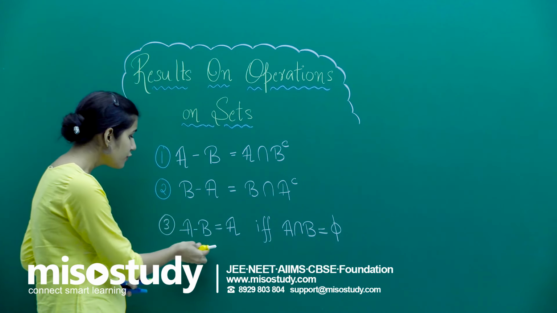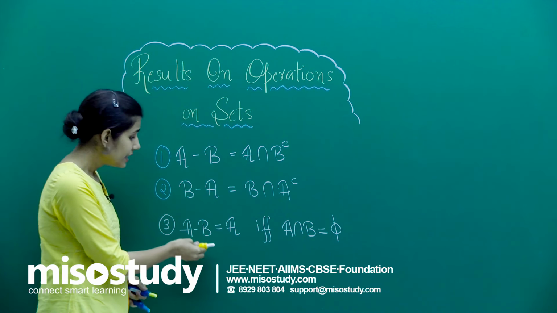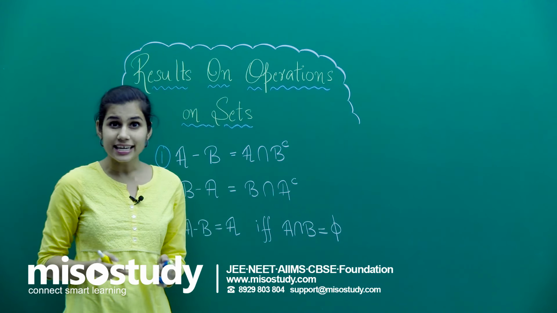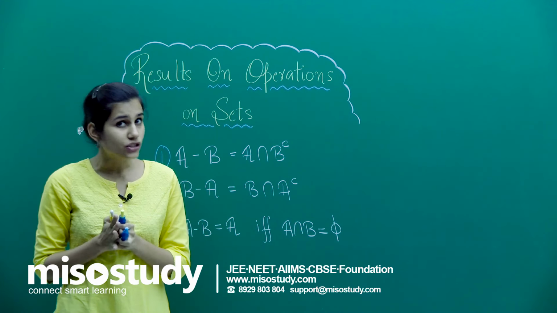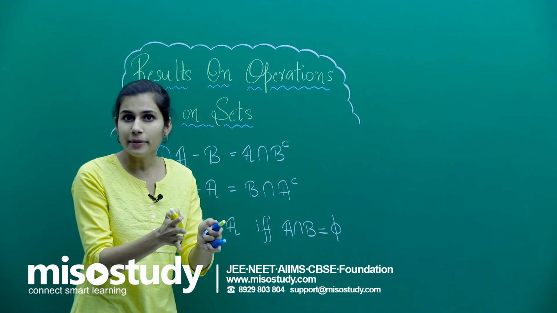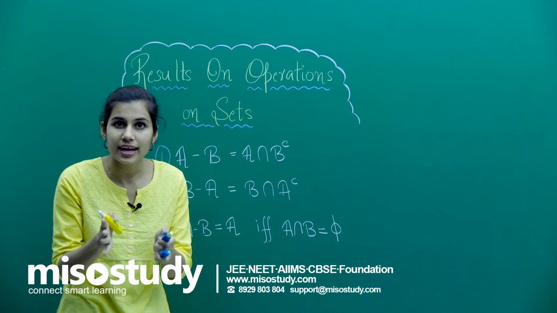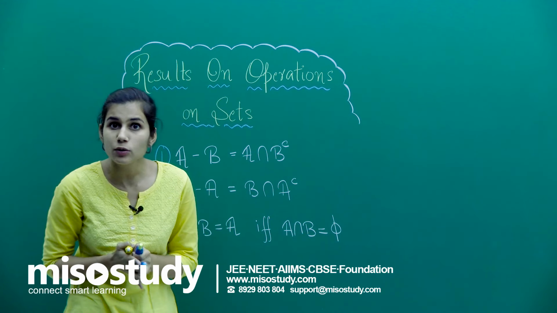In the very natural case, A minus B is a set which is smaller than A, because in a general scenario you remove some elements from A which are common to A and B, and therefore the size of A after removing those elements becomes smaller than what it previously was.